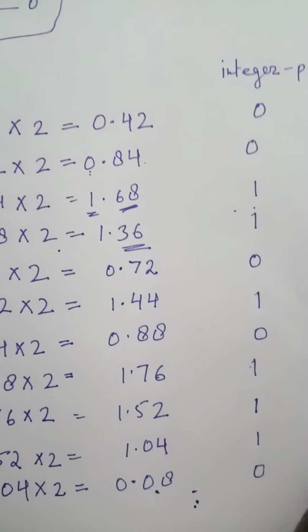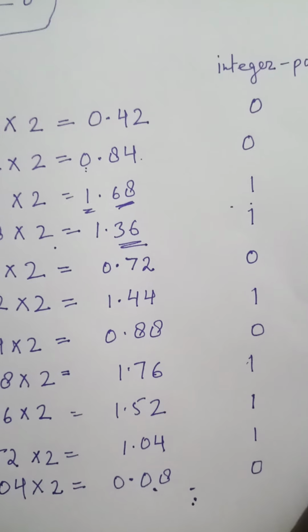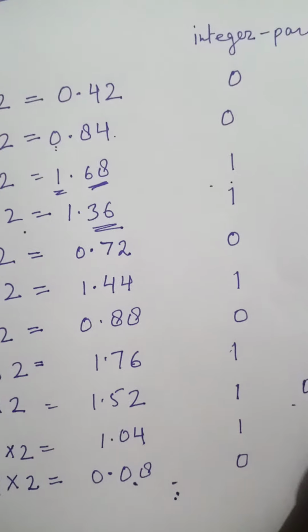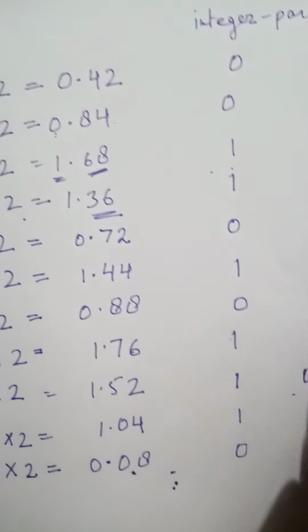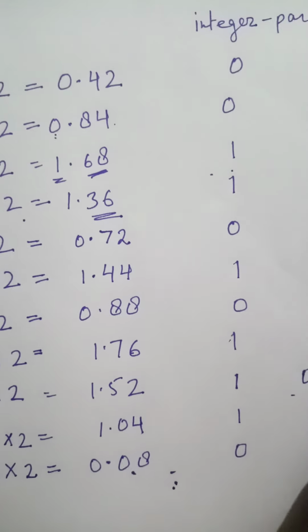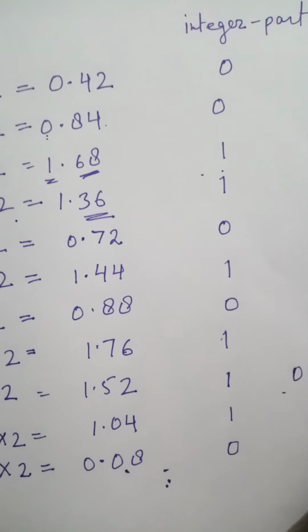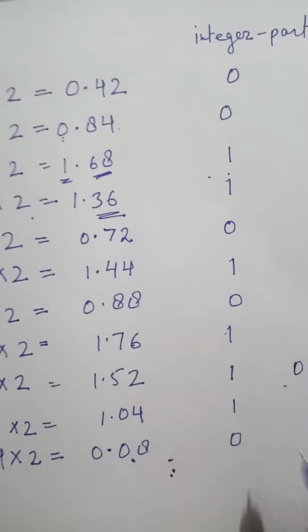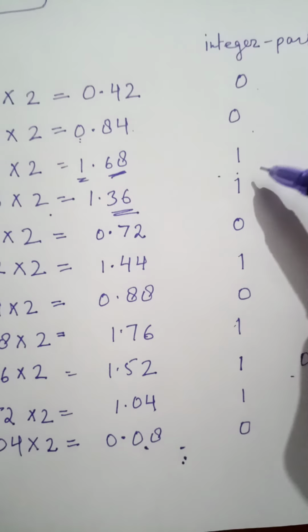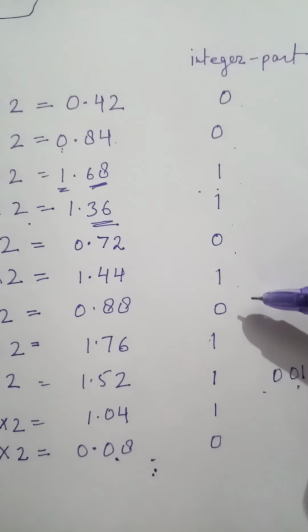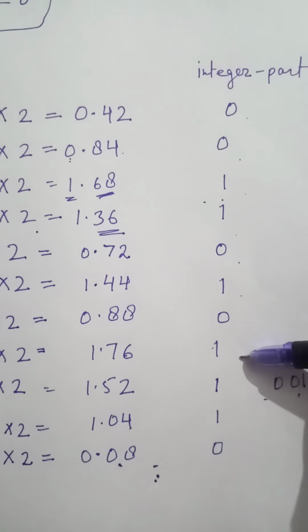I'm talking about the complete answer. 0.21 is equivalent to 0 0 1 1 0 1 0 1 1 1 0 0 0 1 1 0 1 0 1 1 1 0.